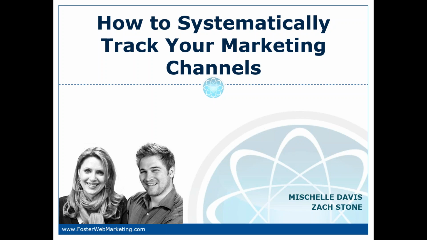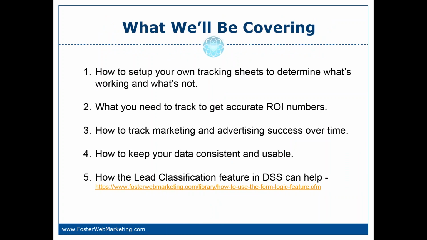So what we're going to go over on the call is how to set up your own tracking sheets, determine what's working, what's not working, what you need to track to get accurate ROI numbers, how to actually track your marketing and advertising success over time. Everyone has different channels that they're trying out and working on, and we want to make sure that you're really looking at each individual area and making sure that you're getting positive ROI.